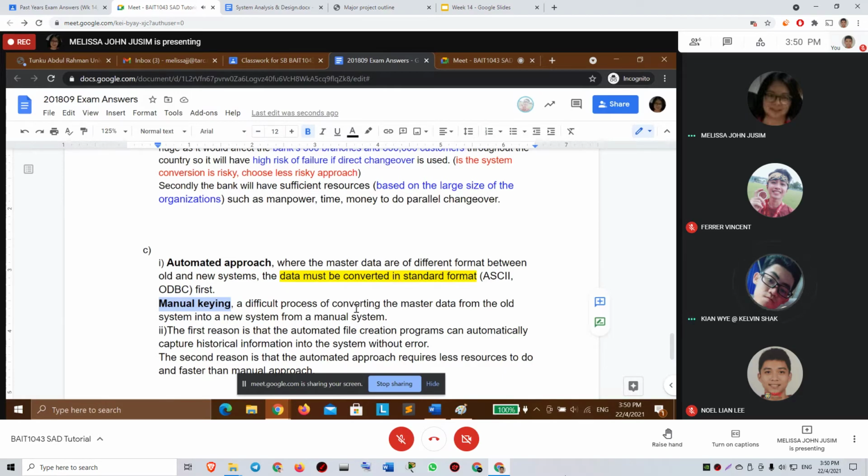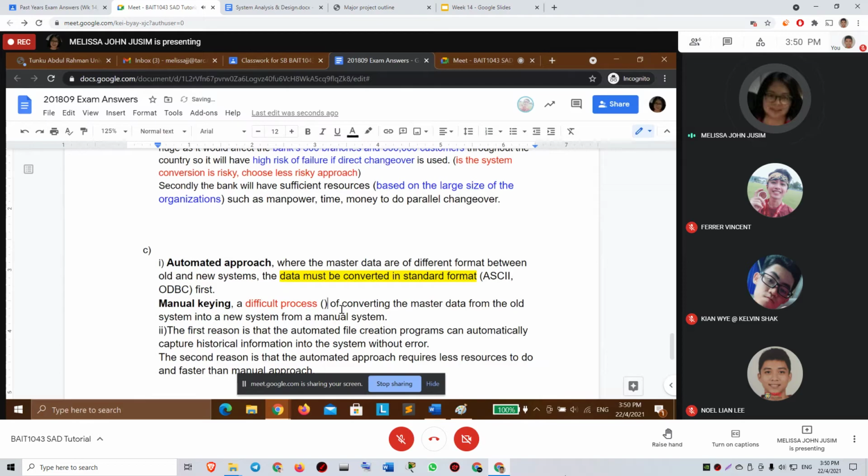What routine? Oh, seems like it can't be done because this one is incompatible. If incompatible, it's a difficult process. Yeah, here it's difficult because you need to do this.